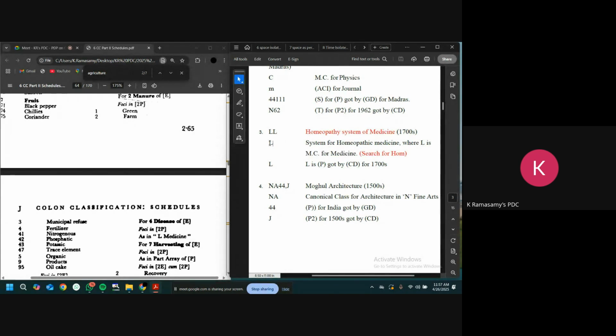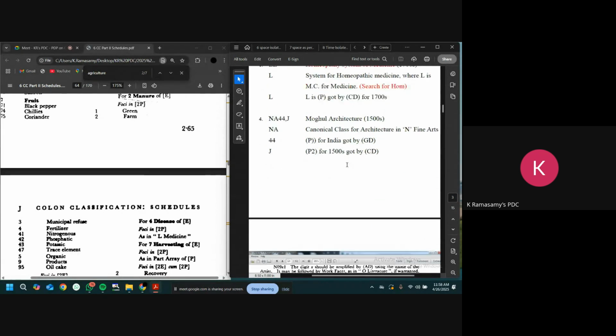For example, homeopathy was started in 1700s. The number for 1700 is taken from where? From time isolates, from 2.7. What is the number for 1700s? L. So what is the number for homeopathy? LL. So if you want to construct any new number for any new medical system, you can use chronological device. That means using the year, century, or millennium of establishment of the particular concept can be used for the purpose. Okay, those are simple two examples for the use of chronological device.